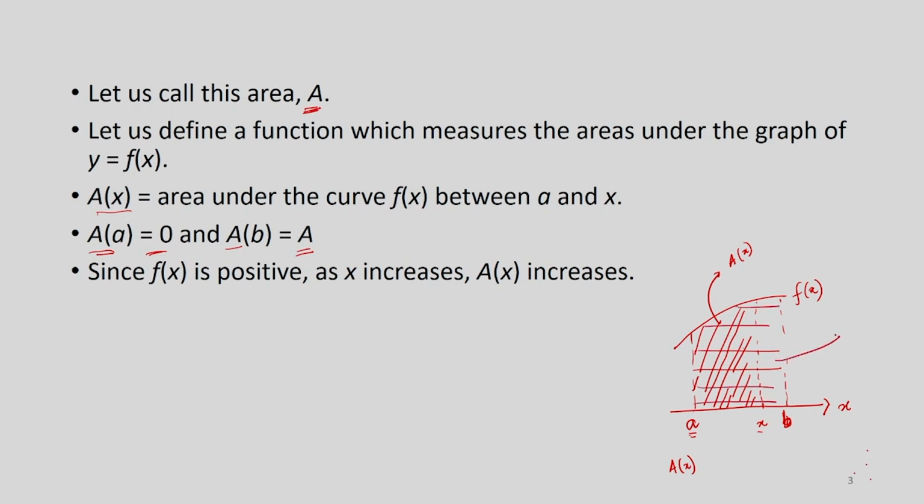So, pardon the symbols that I have used, there are repetitions of the same letter. Just to clarify, between small a and small b, the area under the curve is given by capital A, right? And that is why if I take this function, capital A of x is a function. If I take capital A of b, then I get the entire area, and that is equal to capital A. Alright, so these are the boundary points.